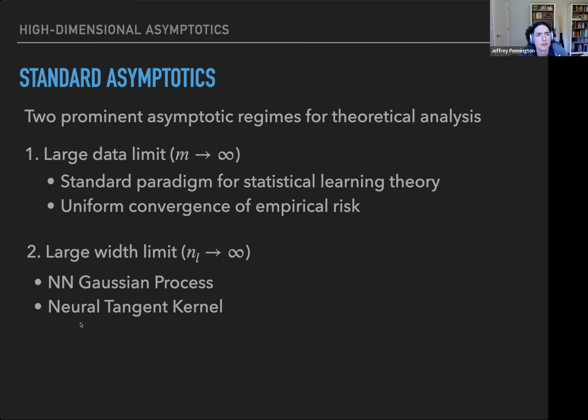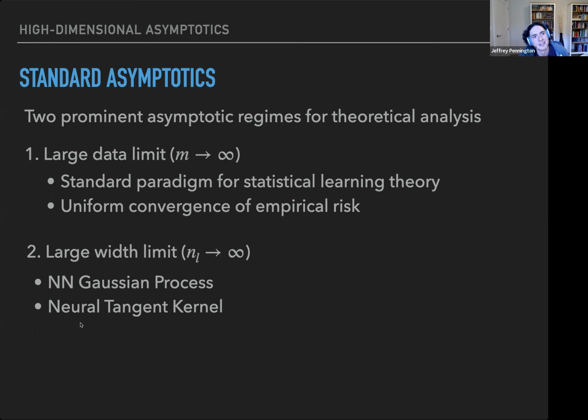And the two regimes that have been of interest lately are, first, the large data regime. Actually, this is sort of the standard paradigm for learning theory. There's a long history of results and many things you can say about generalization error and whatnot if you assume that the number of samples that you train on is much larger than any other number in the problem.